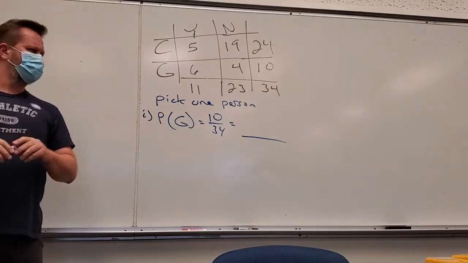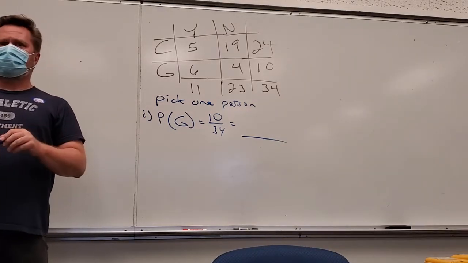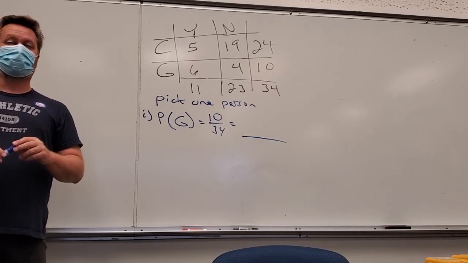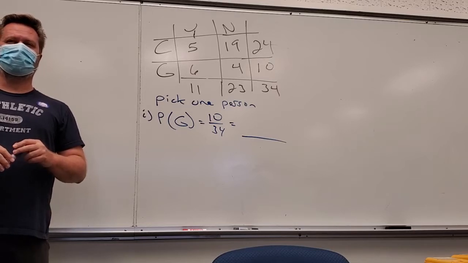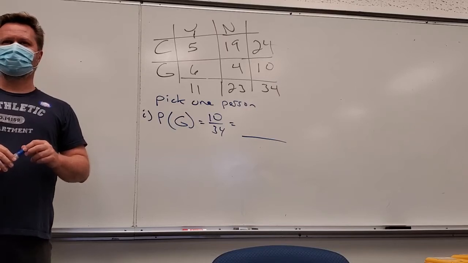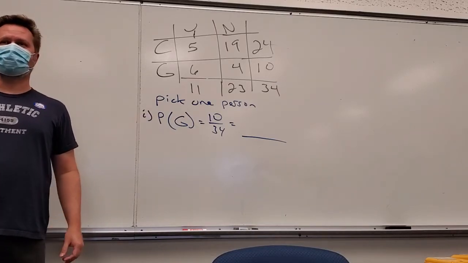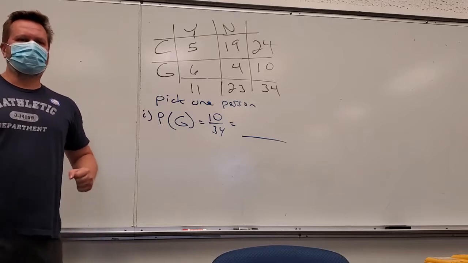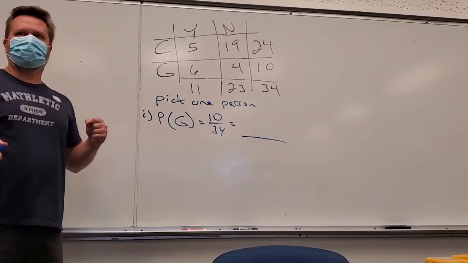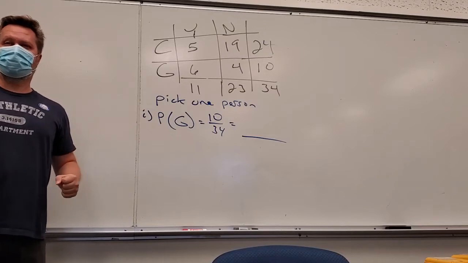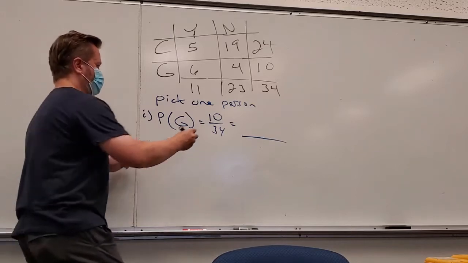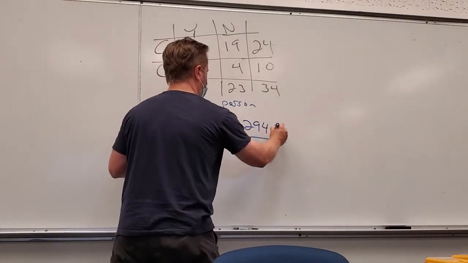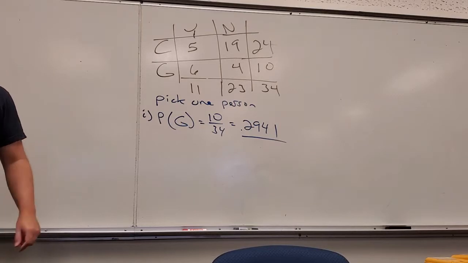So whatever 10 divided by 34 is. Somebody help me. 0.2941. Yeah. And then you can make that 29.41%.